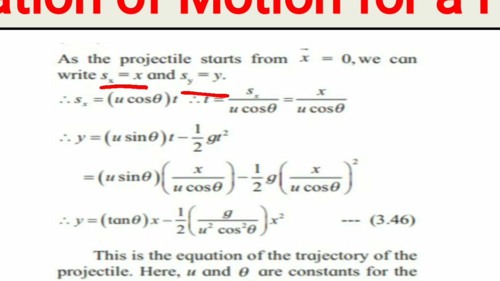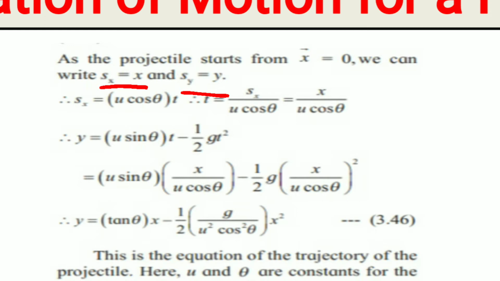Now we are finding the displacement of the projectile along the y axis. So y is the displacement of the projectile along the y axis, which is equal to u sin theta into t minus half g t square. This equation comes from 3.41, that is equation number 3.41 in your book, you can check it.